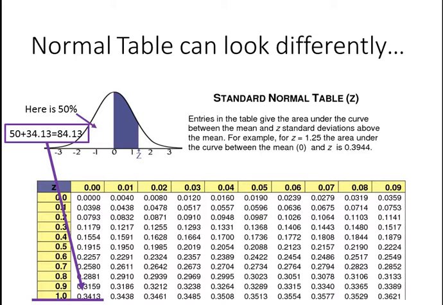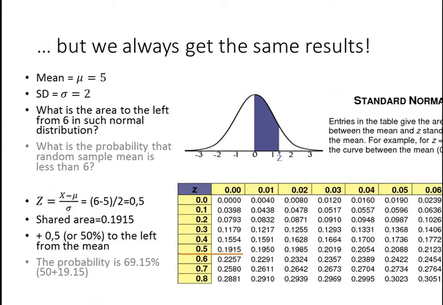It shouldn't be a problem for you to get again 84.13%. Again, an example for your self-study is given, but we don't stop here and move to the T distribution and T table.